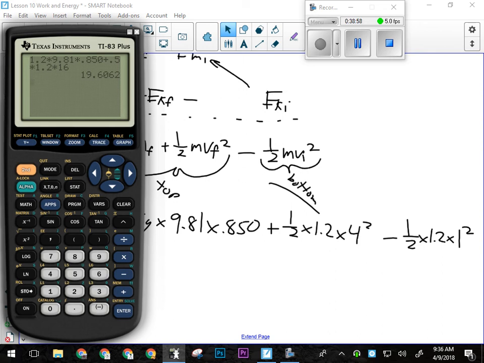That's the energy I have at the top of the ramp, potential plus kinetic. Now I'm going to subtract from that the energy I had at the bottom. So 0.5 times 1.2 times 1 squared is 1, so I'm just going to leave it as 1. All right, so 19 joules worth of work is what's going to be required to accelerate that block up that frictionless ramp.